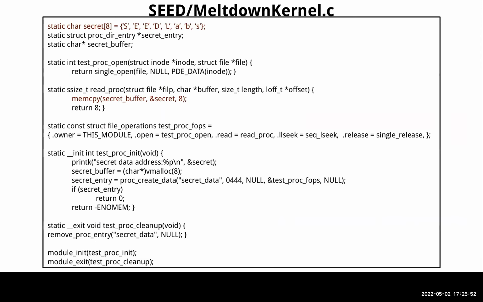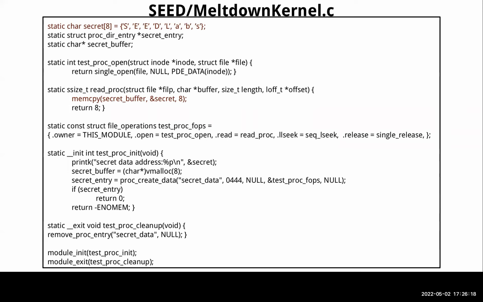Let's look at one concrete example. Like I said, this example is quite complicated, the most complicated example we have seen so far in this class. There are kernel modules, there are user-space applications, and there is exception handling code.